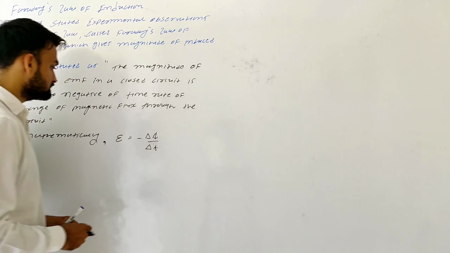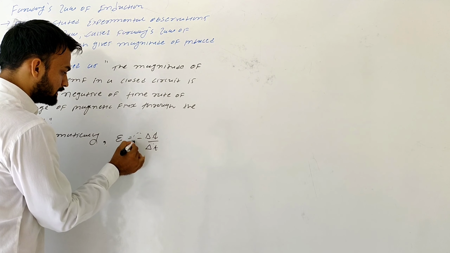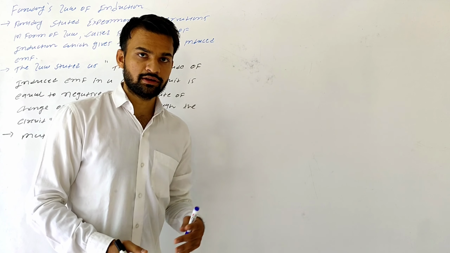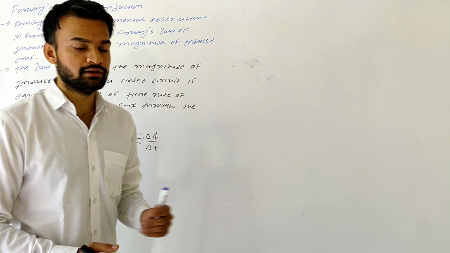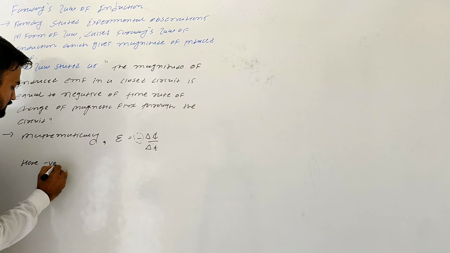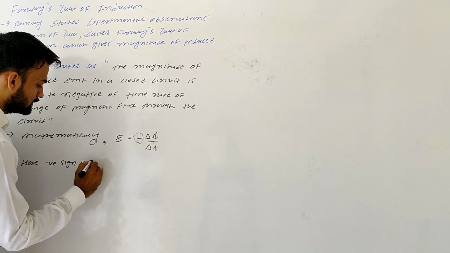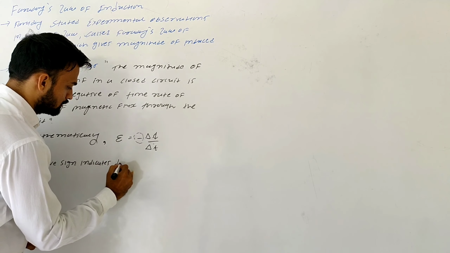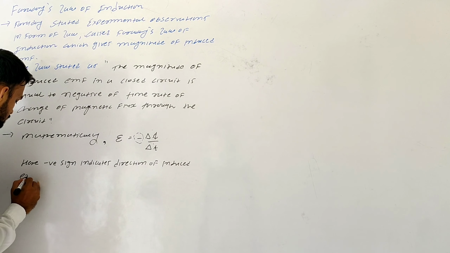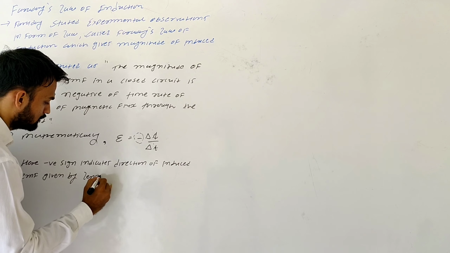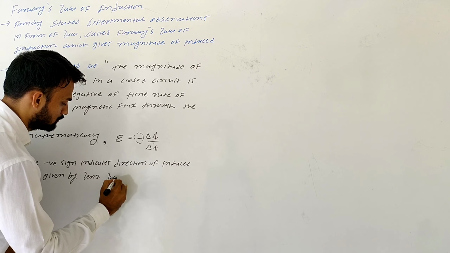Here this negative sign indicates the direction of induced EMF, which we will see in our next lecture in Lenz's law. So the negative sign indicates the direction of induced EMF given by Lenz's law.